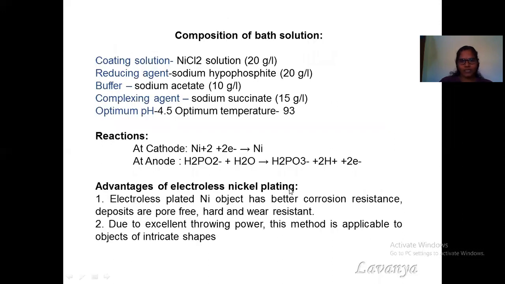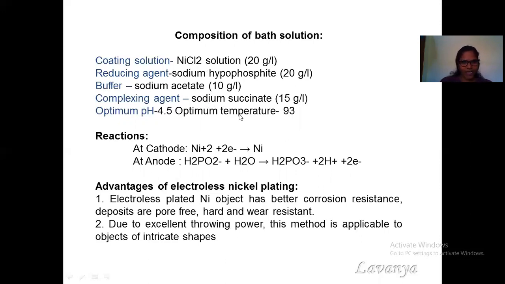Here I'm taking the example of nickel electroless plating, where the coating solution contains nickel chloride solution, and the reducing agent is sodium hypophosphite. A buffer, sodium acetate, can be added to maintain the pH, and a complexing agent, sodium succinate, can be added. We need to maintain the pH at 4.5 and also maintain the temperature.